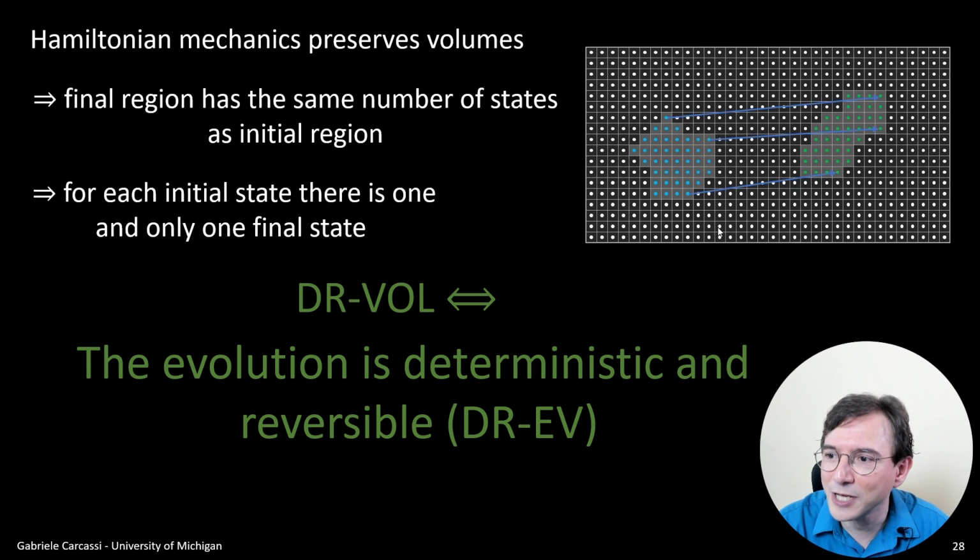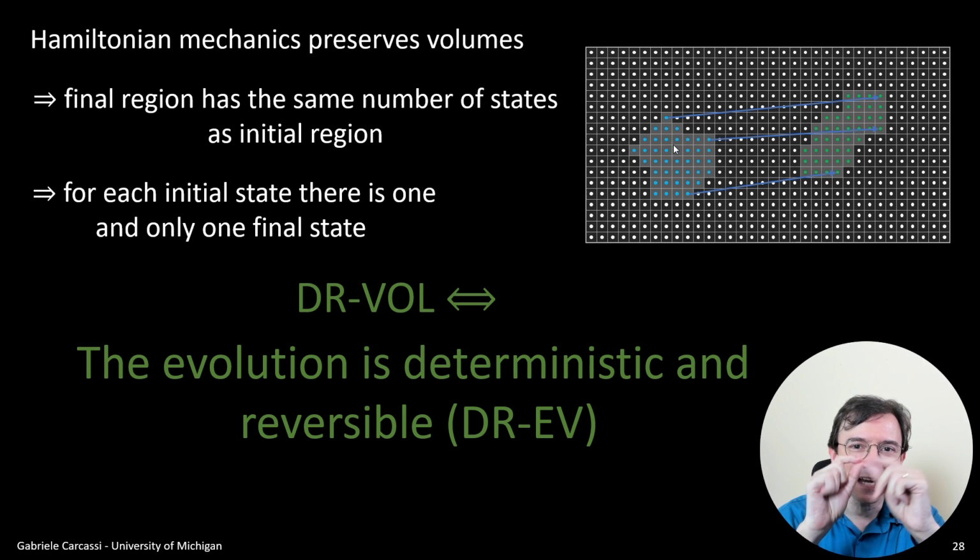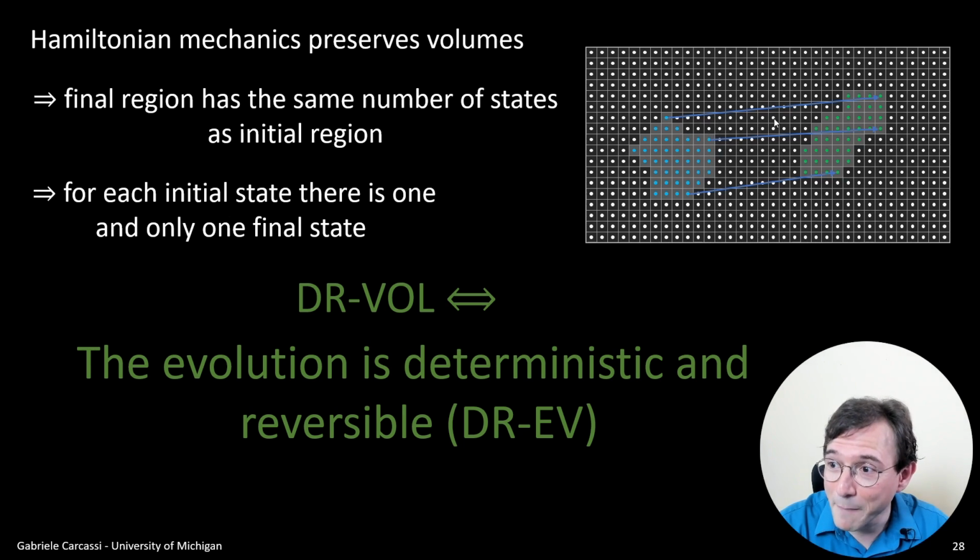So if we imagine that all these states are in infinitesimal cells of phase space, we're mapping points to points, and we're mapping regions to regions, and these regions have the same number of states in the beginning and the end. This means that for each initial state, there is one and only one final state.